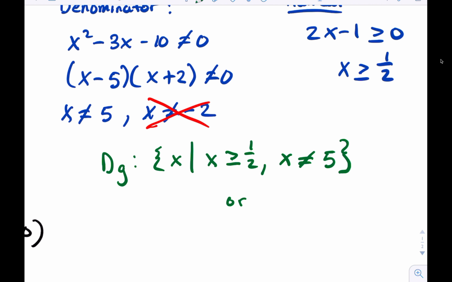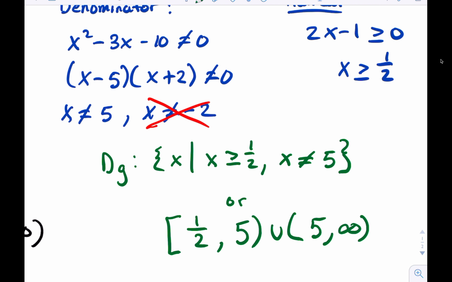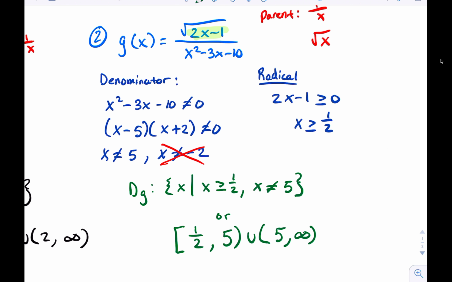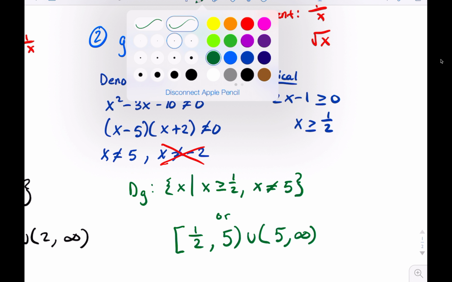Since I'm allowed to use 1/2, I want to include a closed bracket like that. Then I'm going to run into an issue at 5. So 5 needs to have an open parenthesis and then a union going from 5 to infinity. That would be the domain of g of x. So you just have to look at what you found as an answer and put them together to come up with your final answer.